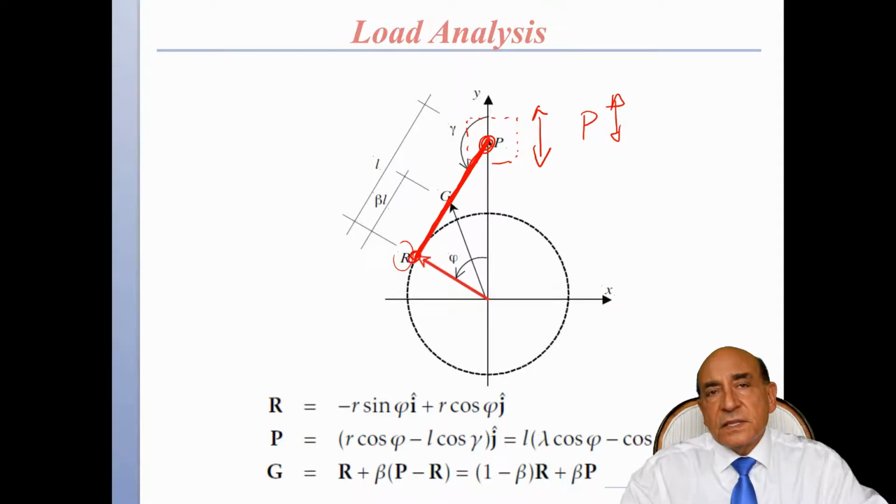R is attached to the crankshaft. So the center of the crankshaft is here, and the crankshaft rotates 2 cycles for every 4 strokes.